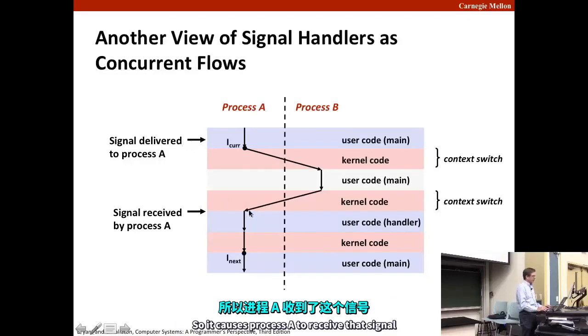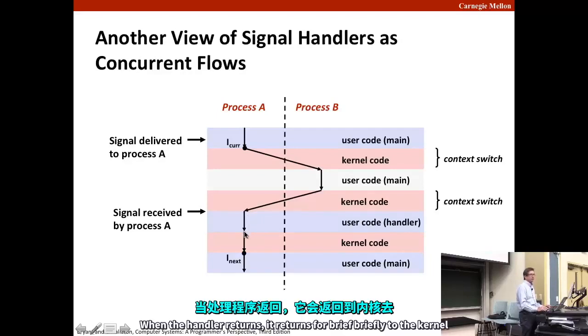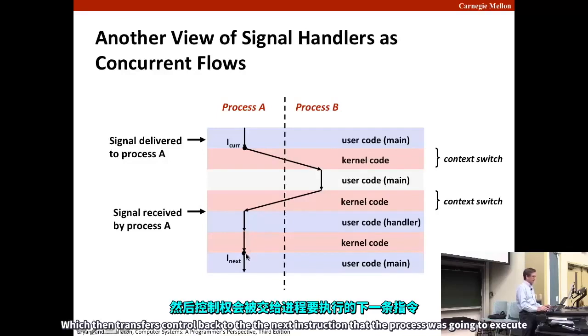So it causes process A to receive that signal, and that executes the handler code. When the handler returns, it returns briefly to the kernel, which then transfers control back to the next instruction that the process was going to execute.